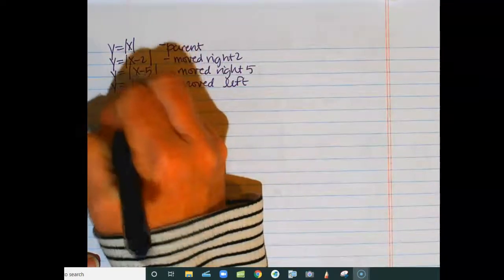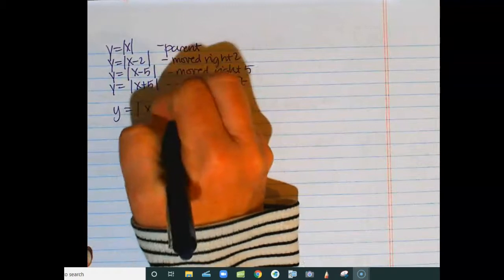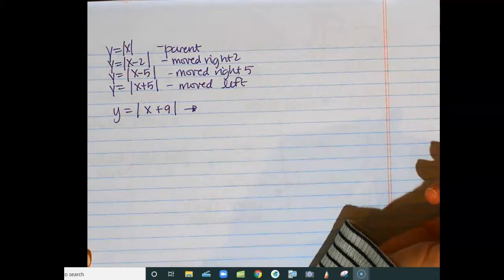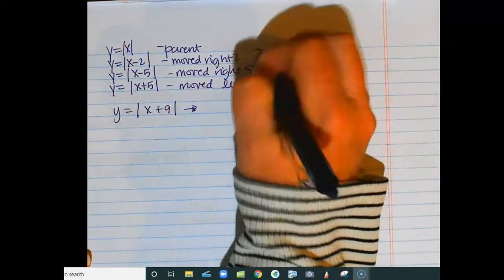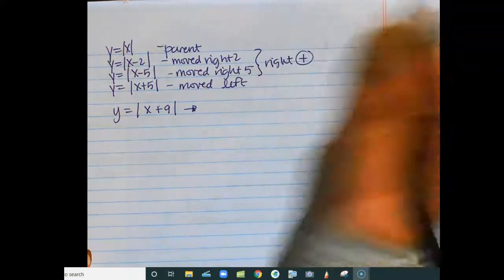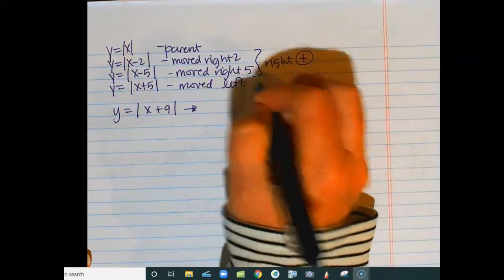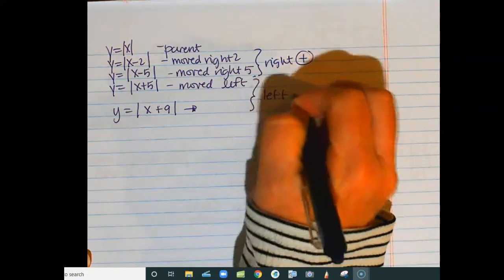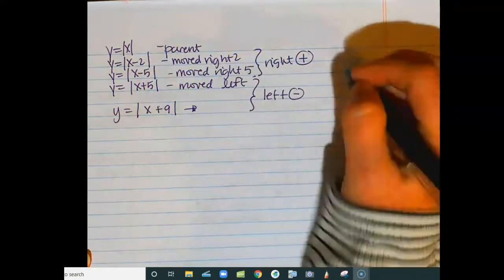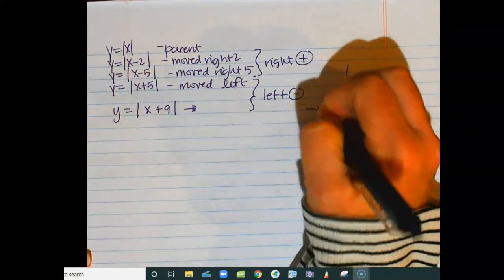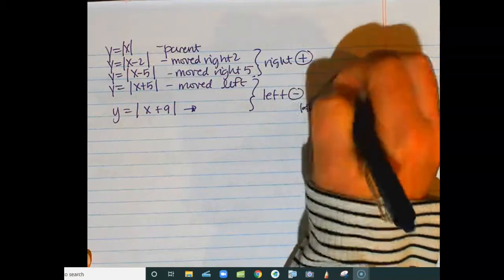So what do you think y equals |x plus 9| will do? There's definitely a pattern here. These two moved right, which is in the positive direction. This one moved left. I'm going to guess that this one's also going to move left in the negative direction. So I'm going to guess that this one is going to be at 1, 2, 3, 4, 5, 6, 7, 8, 9.